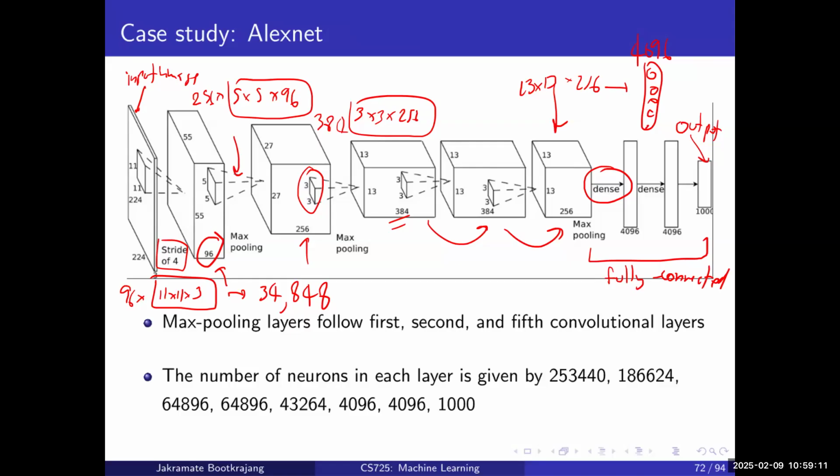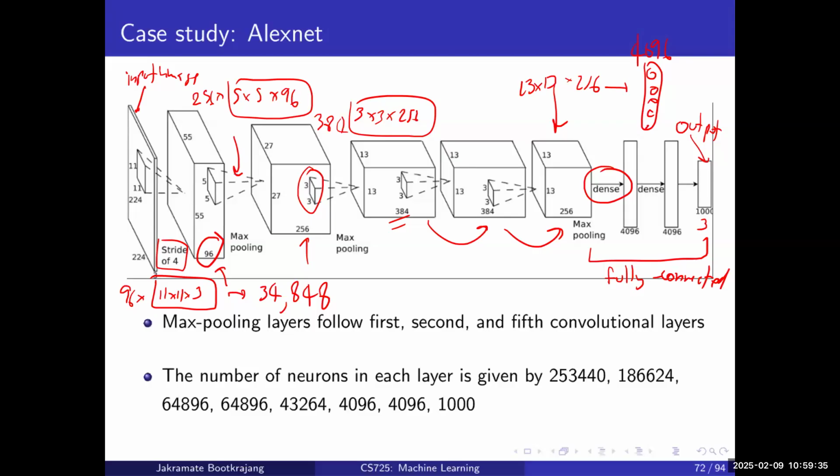So that's why the output has 1000 numbers. But if you want to only use it for like 3 classes, then your final layer would only have like 3 neurons. So this is how people construct a neural network.